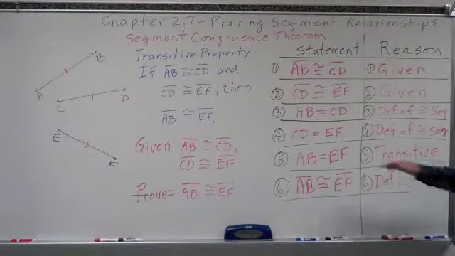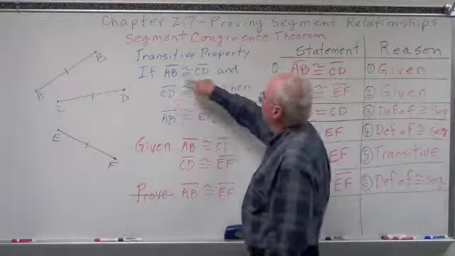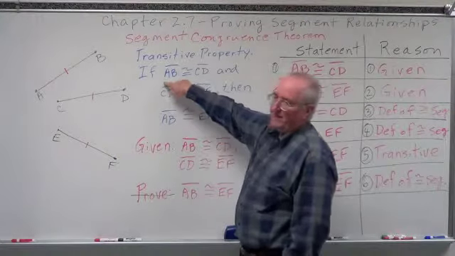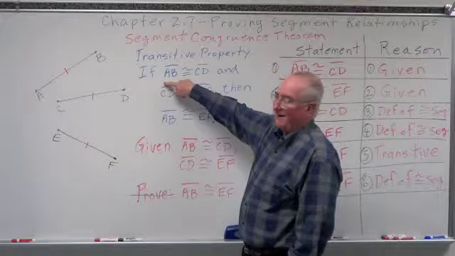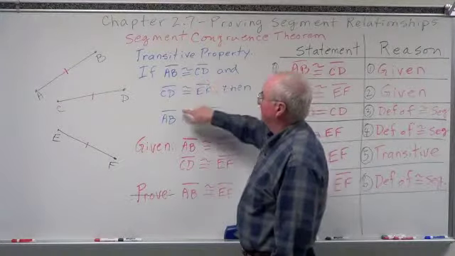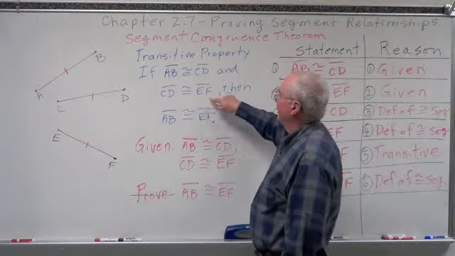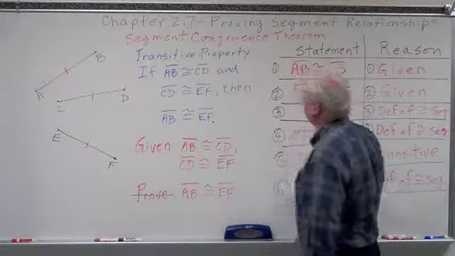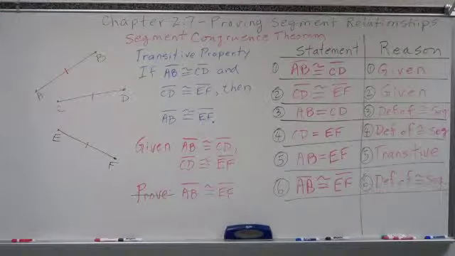So anytime we have segment AB congruent to segment CD and CD congruent to segment EF, then we can do that. Why? Because we've proven that. Now, I suggest that, using this as a sample, you then prove the reflexive and the symmetric properties of the segment congruence theorem.